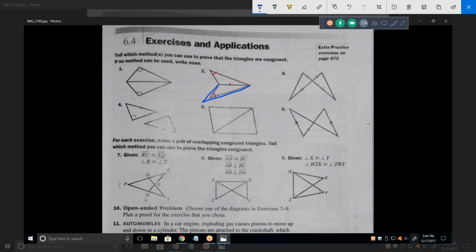So having this angle only and one side only is not enough to prove congruency. So this, you can't prove it, none. Okay. So you have to have at least 3 pieces of information. About number 3. Okay.